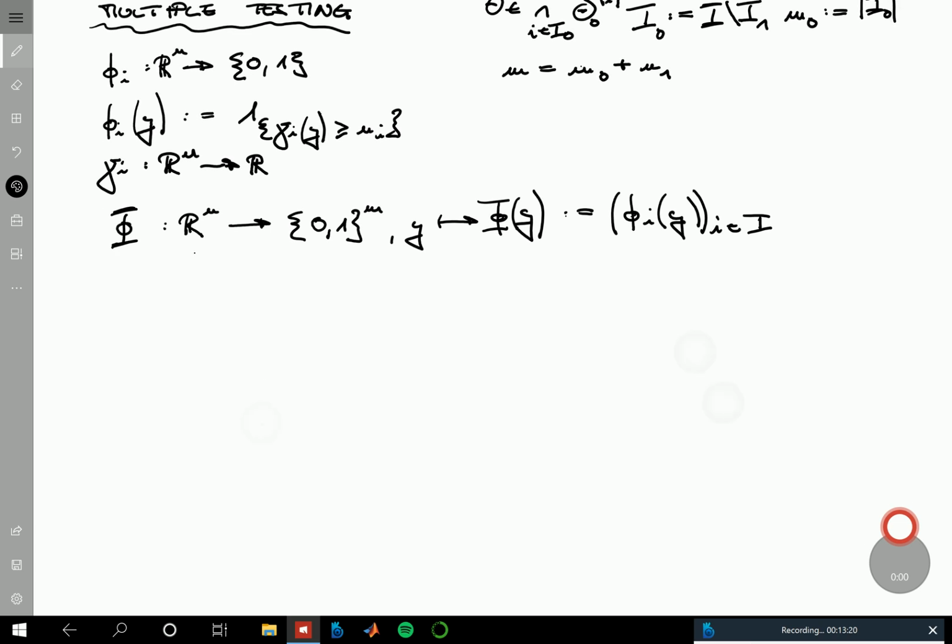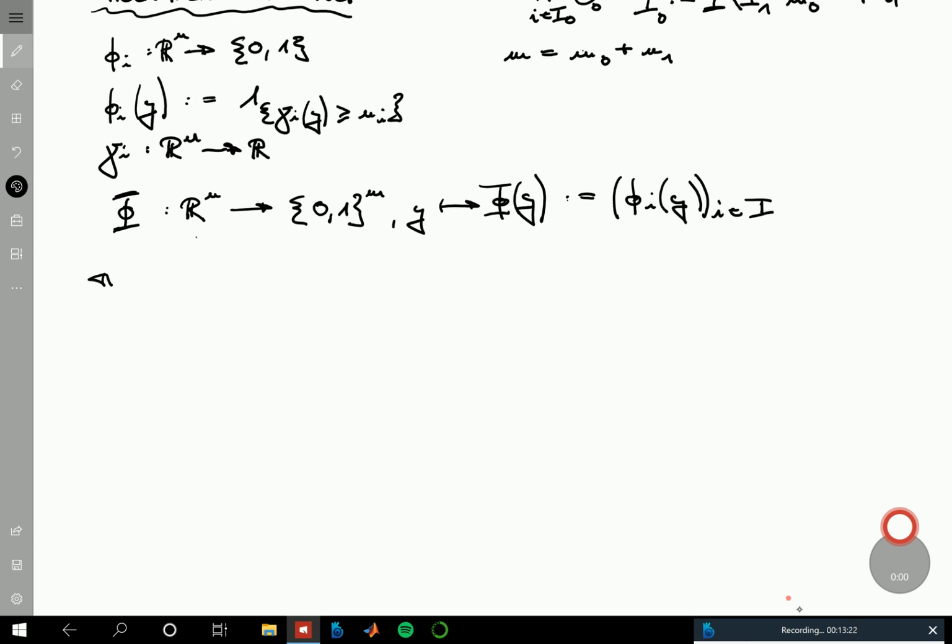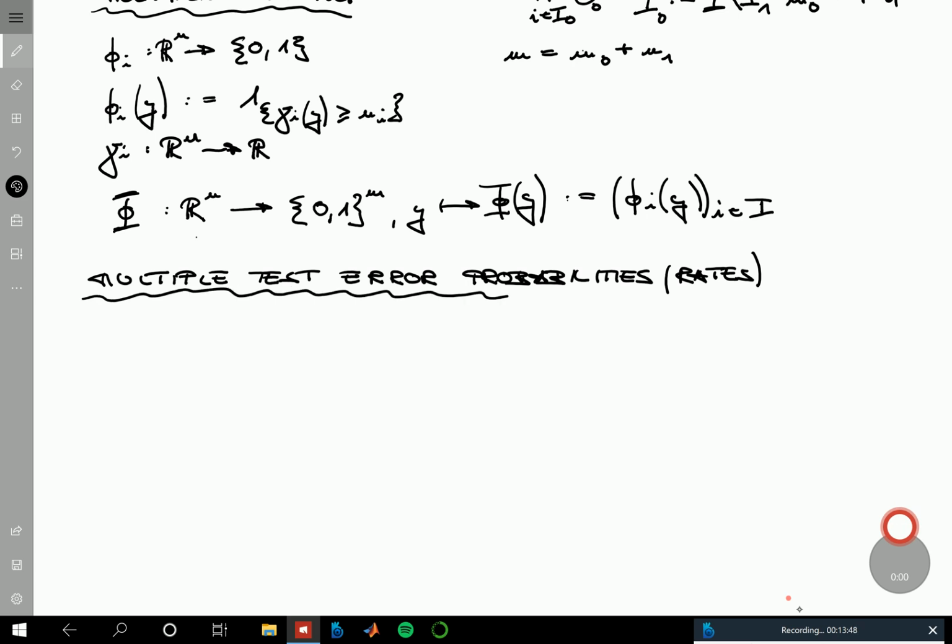So introduce a number of test error probabilities or test error rates. It's the same thing. And among them, there's the family-wise error rate. So they are also called rates. So far to what we did over the last 2 sessions.